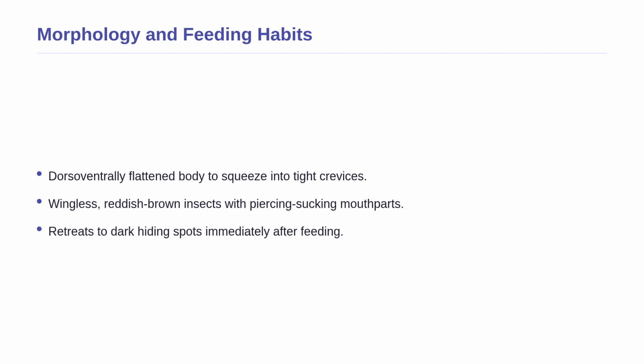They are wingless, reddish-brown insects equipped with specialized piercing, sucking mouthparts. These mouthparts are designed to painlessly penetrate human skin, so the host rarely wakes up. Unlike ticks, they do not stay attached to you. Once they finish feeding, they quickly retreat to their dark hiding spots to digest and molt.